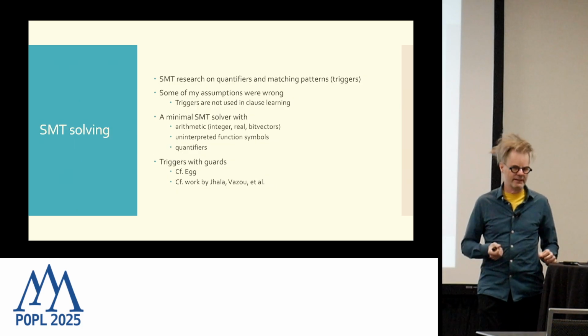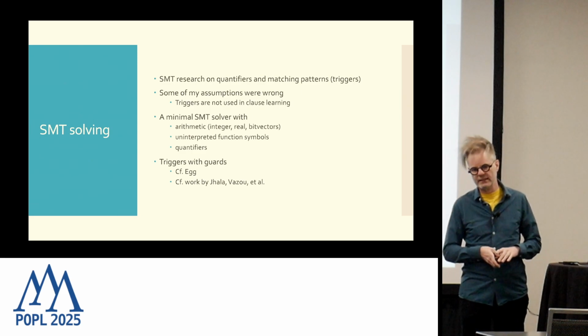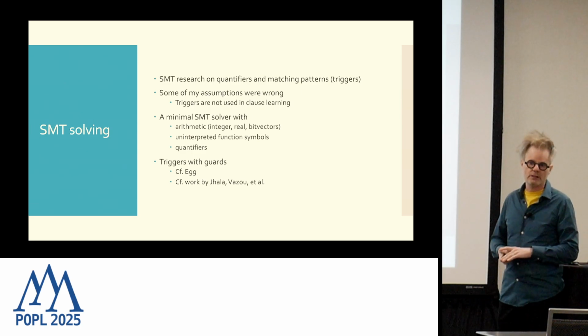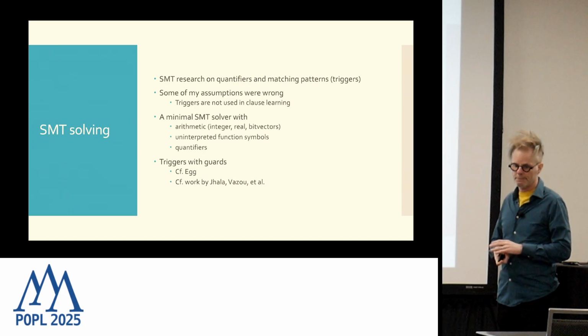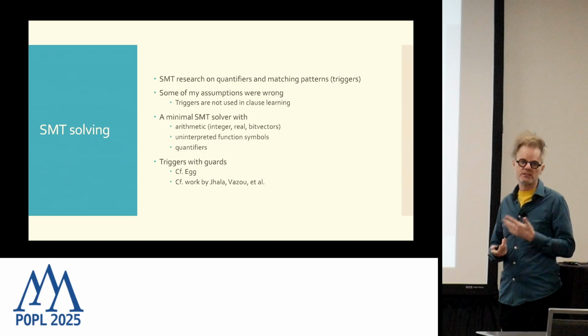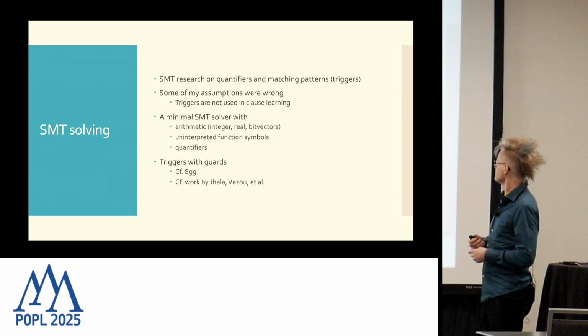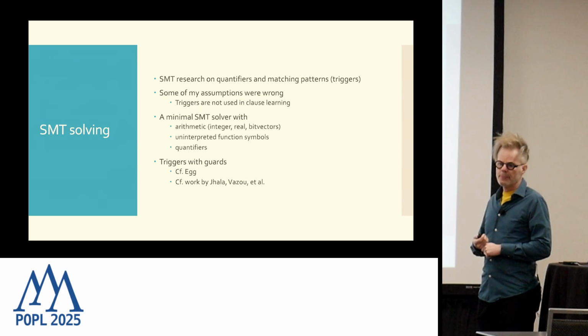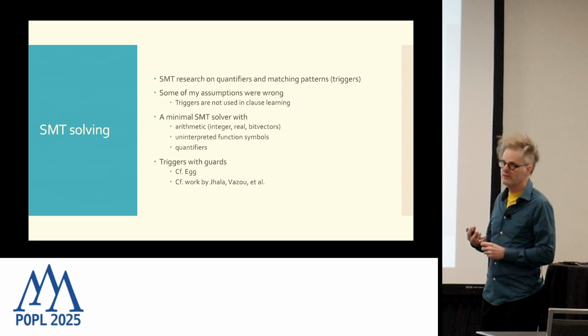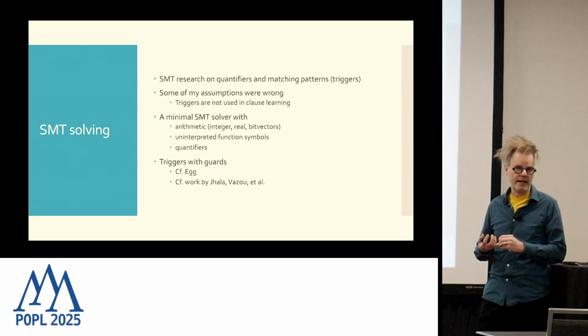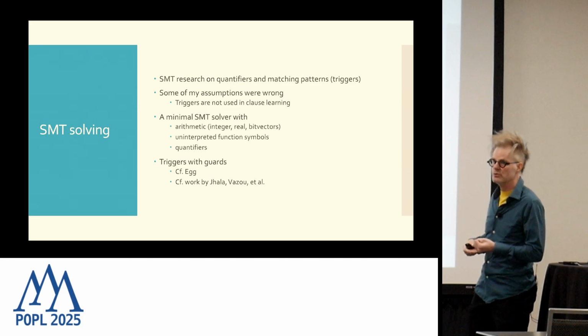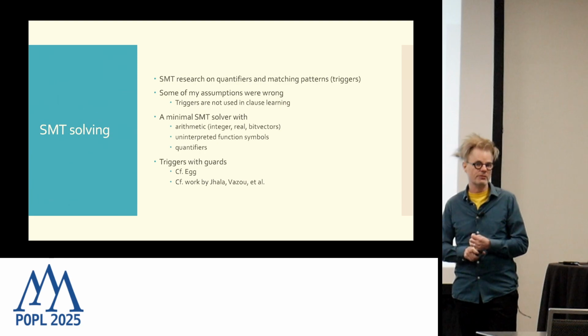Okay, just one comment about the SMT solving. SMT solving powers a lot of things that we do. It's what gives us that automation, and I think it's a great technology. We make heavy use of the matching patterns for quantifiers. In fact, we don't use many of the decision procedures that are available.